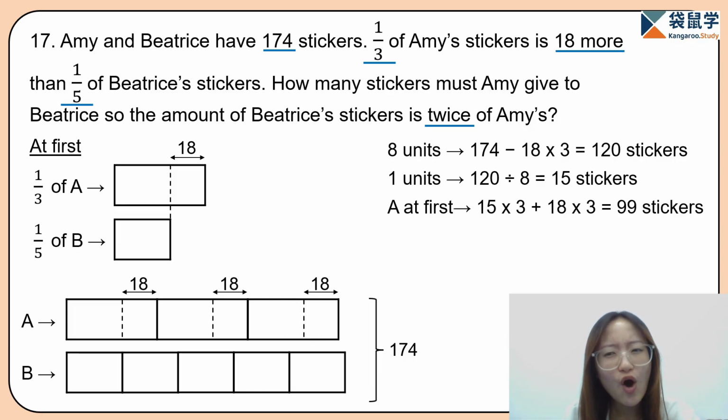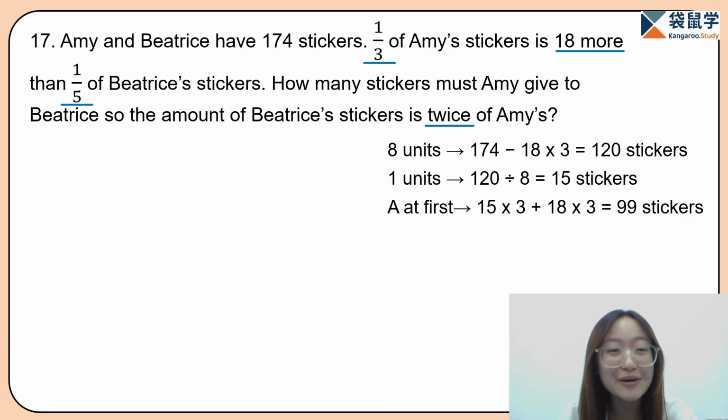So now, what is the question asking for? How many stickers must Amy give to Beatrice so that Beatrice has twice of Amy? Since we have a multiple relationship here, we can also draw the model. So let's draw another model in the end. And we start with Amy.